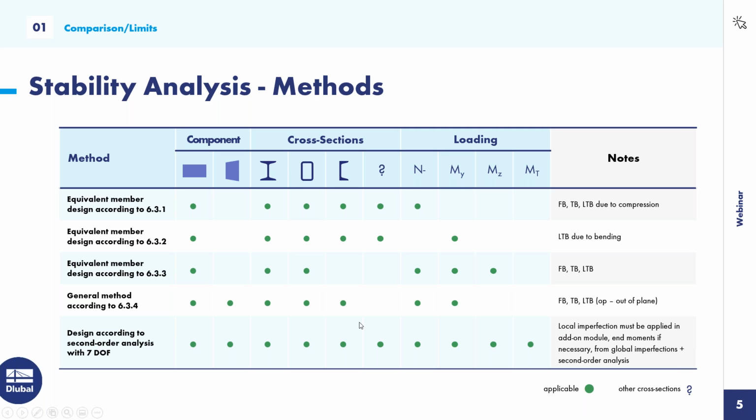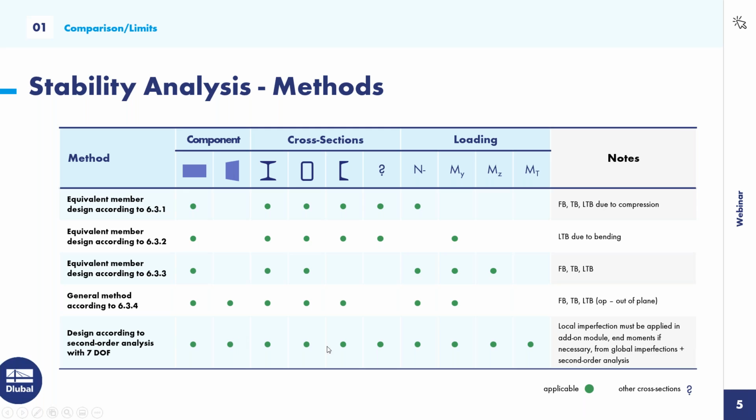With this method, all components, all cross sections, and all loads, including torsion, are possible. But it's necessary to define all the 7 degrees of freedom in the add-on module, and also define local imperfections. How to do that, I will show you in the program.